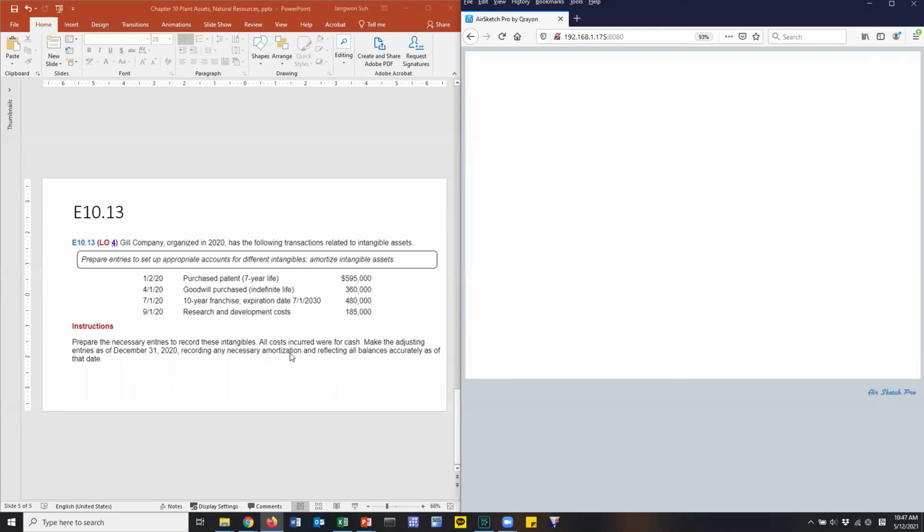Okay, so first, let's prepare entries at the acquisition dates. Purchased patent. Again, intangible assets, so should be debited. Cash, $595. And then April 1st, goodwill, cash, $360.